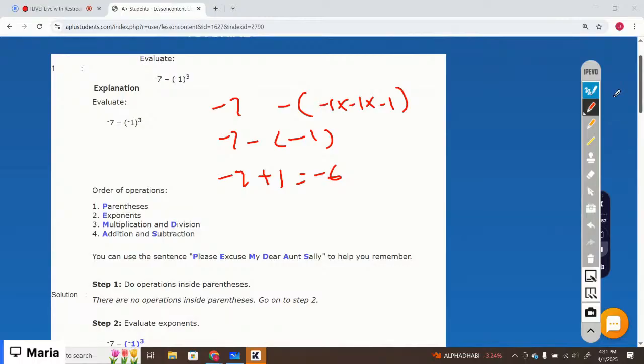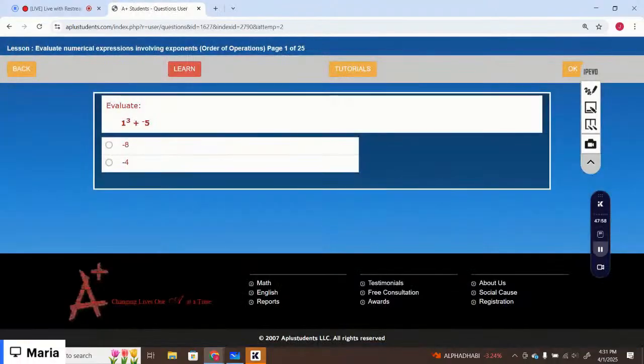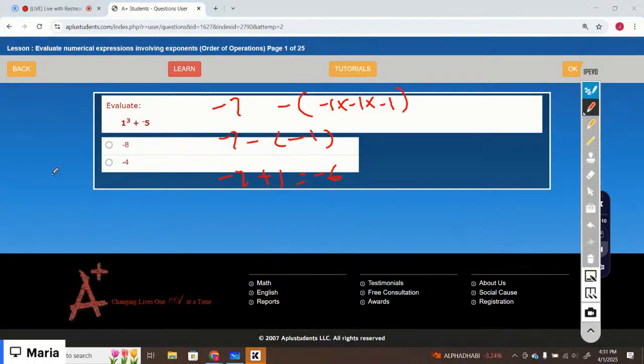Let's just start with the test questions. 1 cubed equals 1.